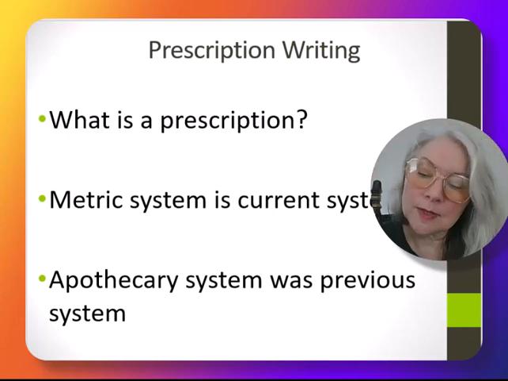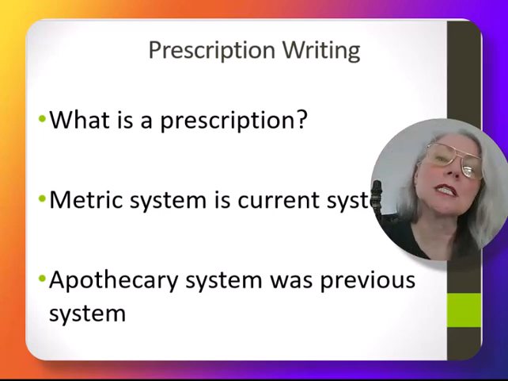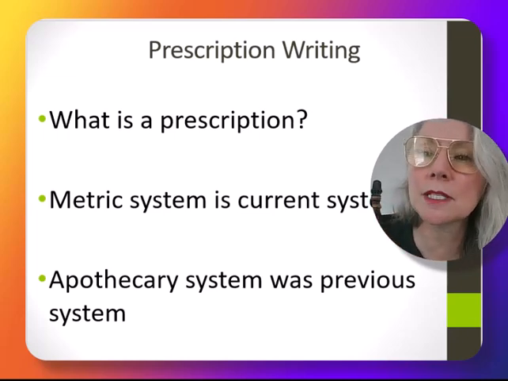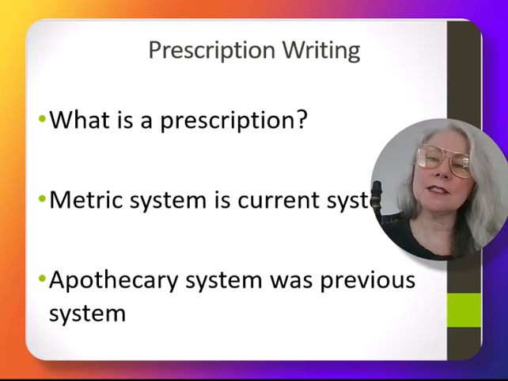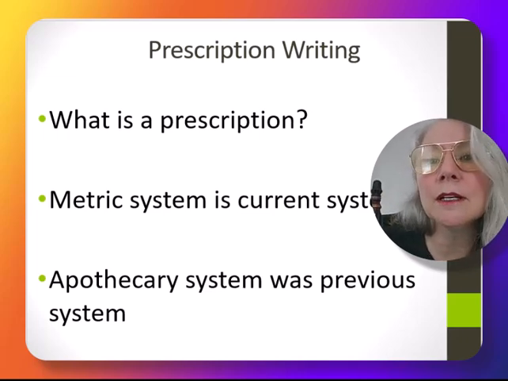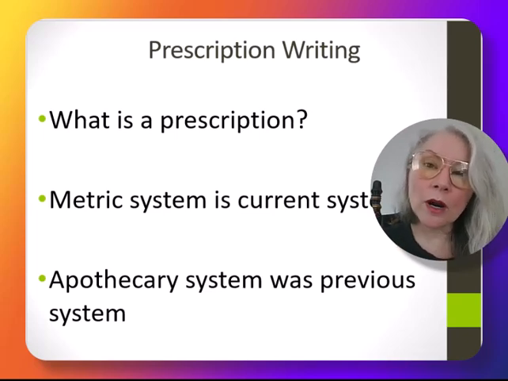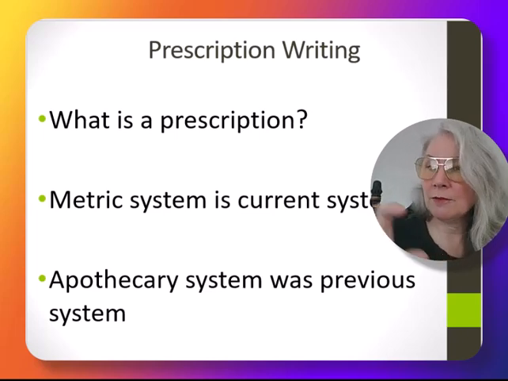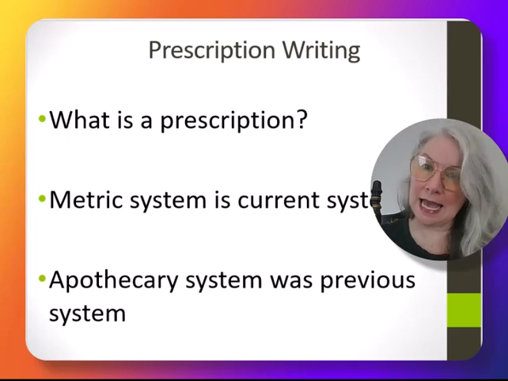On the bottle itself, though, you won't get the metric system. The pharmacist will write on the bottle differently. So if you had to take 2 grams of amoxicillin prior to dental treatment, the pharmacist will dispense 4 500-milligram tablets. And so what the pharmacist will put on the bottle is take 4 tabs.